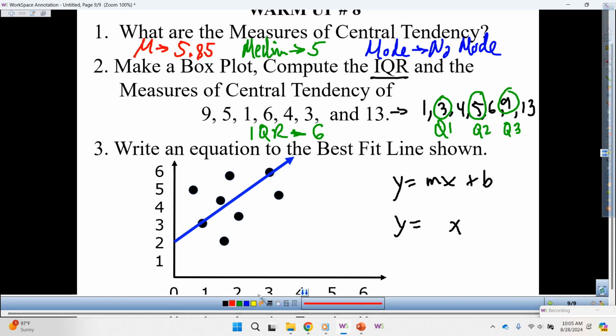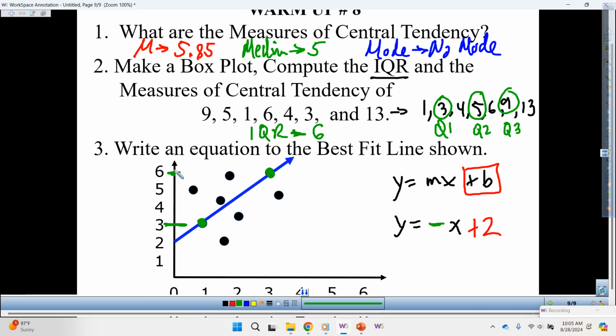Cole, what'd you get for our y-intercept? Well, where does that line start? 2, that is correct. And what'd you get for the slope? A fraction form. So we're going from this point to this point. Let's see, this one starts at 3, and this one goes all the way to what? 1.5?